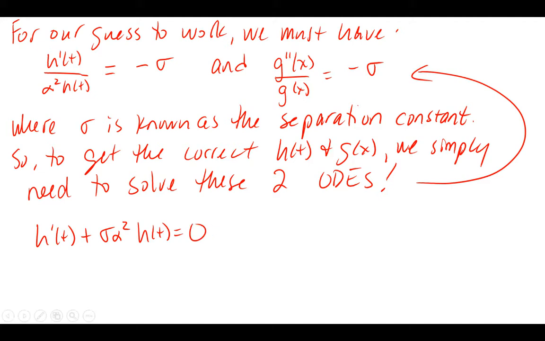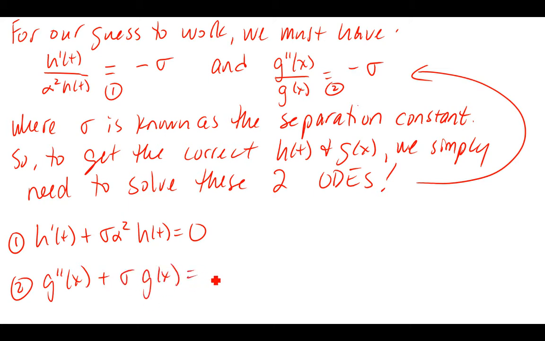Right? That's just me rewriting this first one. So maybe I should number these 1 and 2. So 1 becomes relabeled like that. And 2, I'll just do the same idea. G double prime. If I multiply g of x to the right side and then move it back to the left, I'd have plus sigma g of x equals 0.